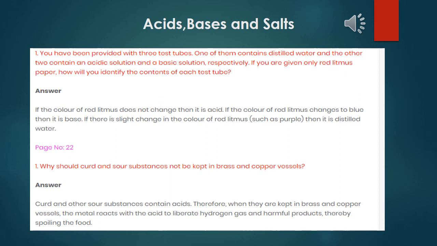And other sour substances always contain acid. Therefore, when they are kept in brass or copper vessels, the metal reacts with the acid, liberates hydrogen gas, we know, and harmful products, thereby spoiling the food.